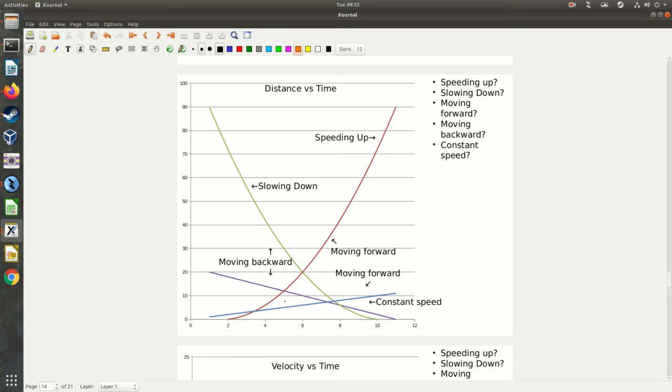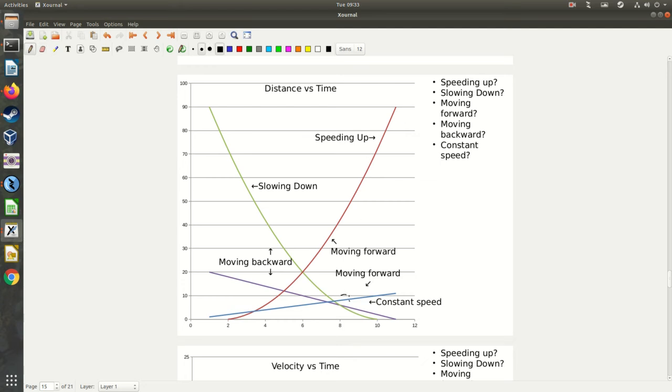These straight lines are constant speeds because the slope is constant, and since the slope is constant, that means the speed is not changing, because remember that your speed, or in this case velocity, is simply delta y over delta x, and if that value is a constant, then you're not going to have any speeding up or slowing down.